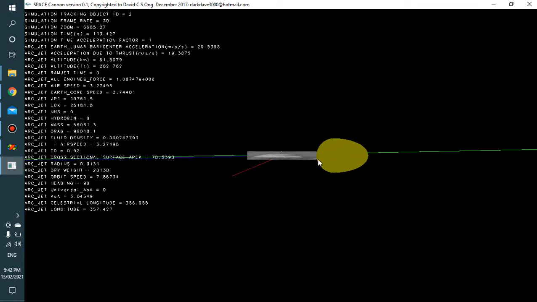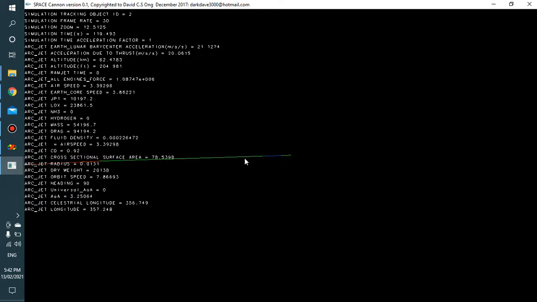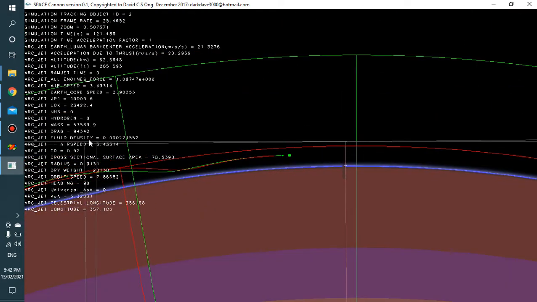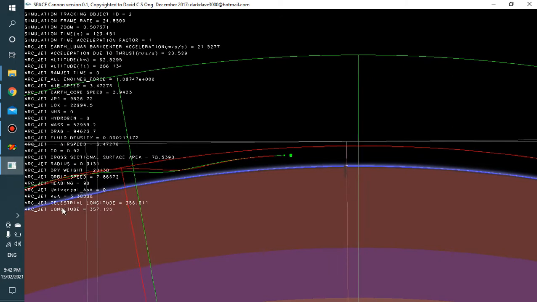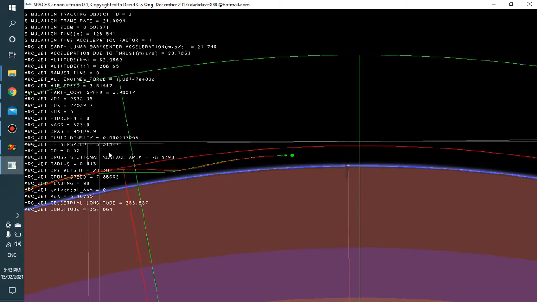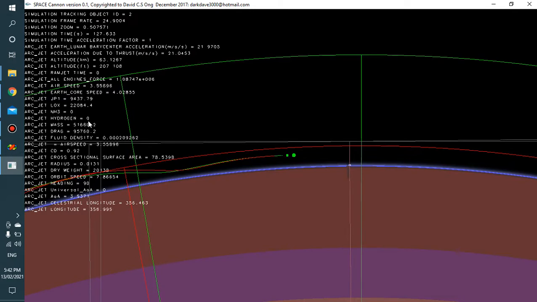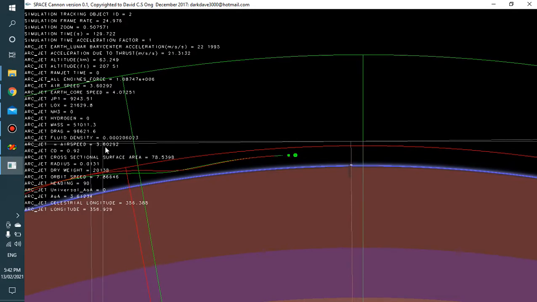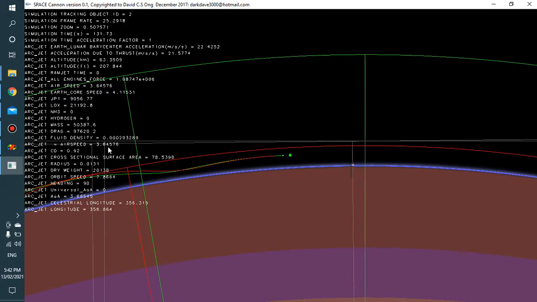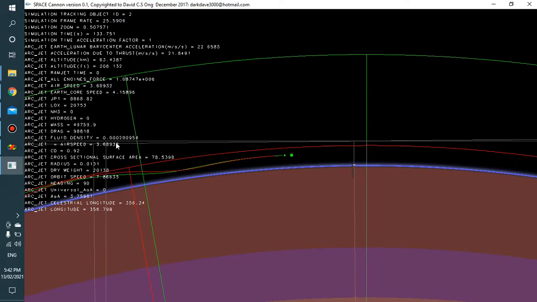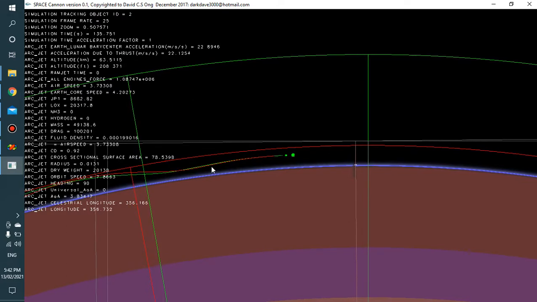So our rockets are on, as you can see, and we're burning jet fuel and liquid oxygen. And as we do, we're gaining speed. Our speed is currently 3.6 kilometers per second, and increasing slowly.